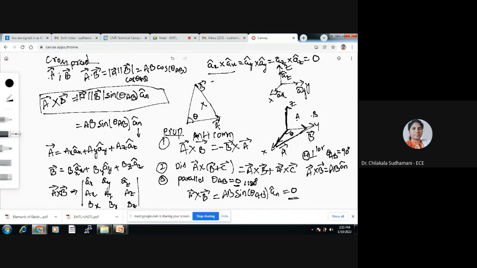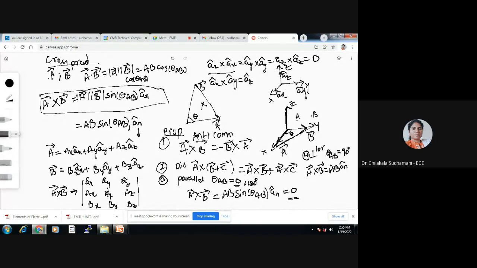Now, what I want is AX cap cross product of AY cap. Can you tell me the answer? This is perpendicular. What is the answer I'm asking? Is it 1? In the dot product case it is 1, definitely. But in the cross product case, it is AZ.